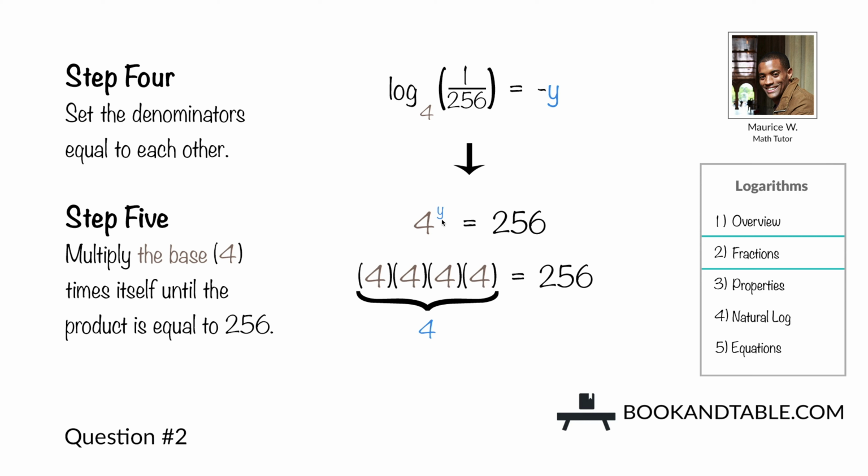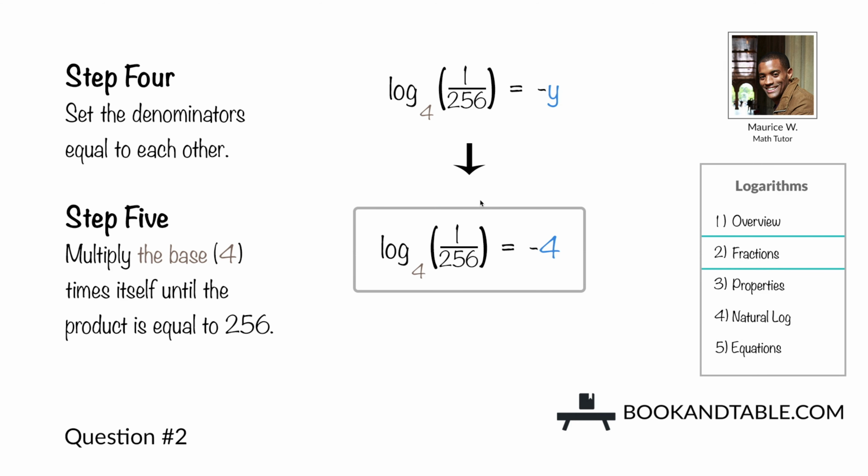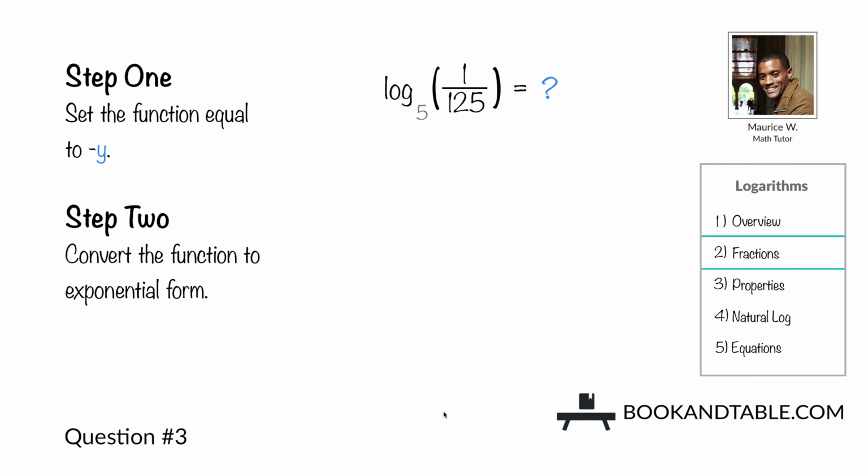So y is equal to 4, which lets us know that log base 4 of 1 over 256 is equal to negative 4. That is the answer to question number 2. Let's now have a look at question number 3.